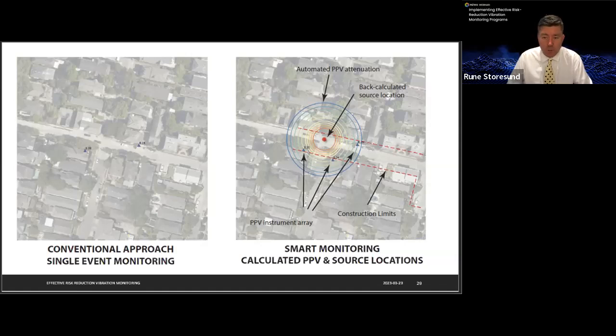So if a threshold PPV value is exceeded at or beyond the geofence, you'd get an automated alert within seconds with the date, the time, and a map showing the exceedance event. This near real-time alert can then be used to interactively manage construction operations to eliminate extended durations or multiple exceedances on your project.